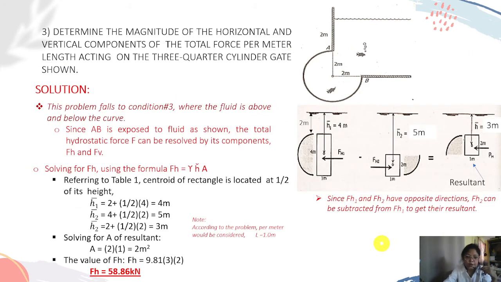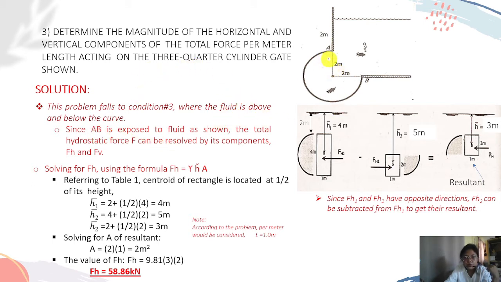Let's see the malinis na solution. Ayun. So, the value of FH is 9.81 by 3 by 2 is equal to 58.86 kilonewton. Therefore, nabigyan kong hustisya yung ating sagot. Ito, let me just read siguro the solution. This problem falls to number 3, where the fluid is above and below the curve.